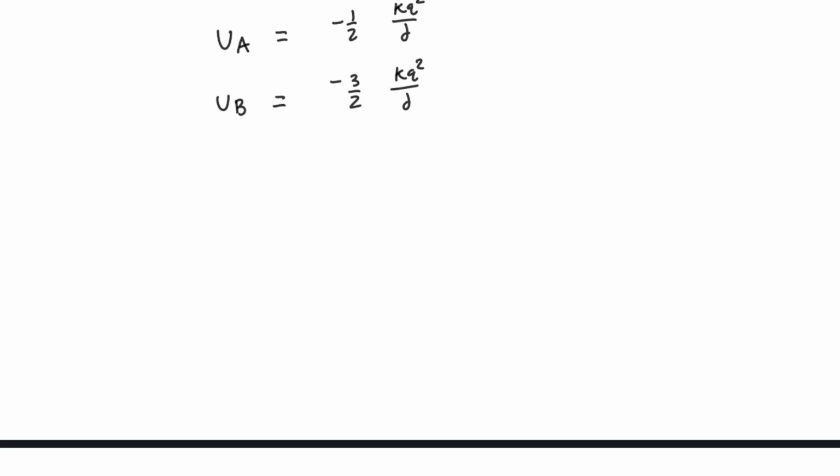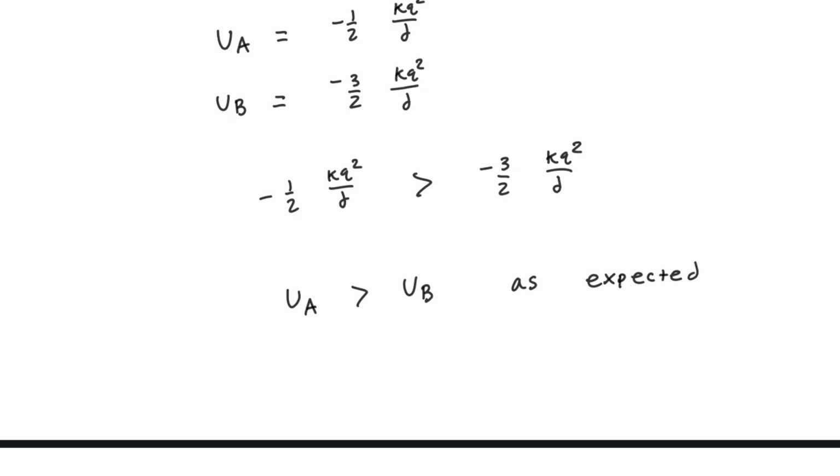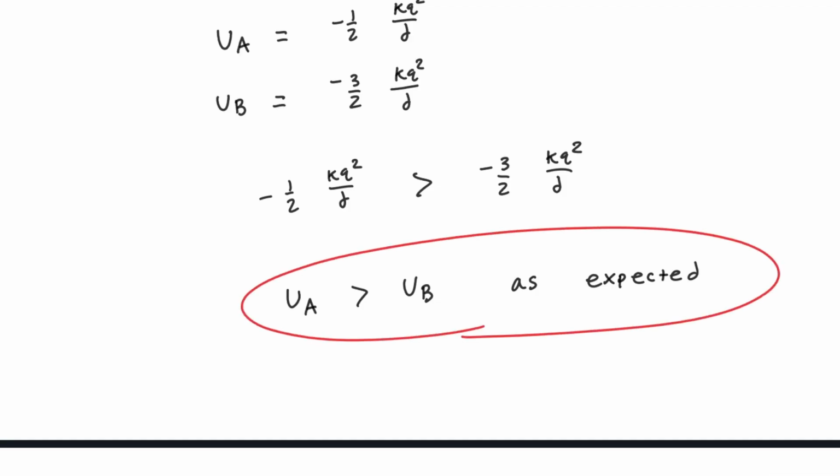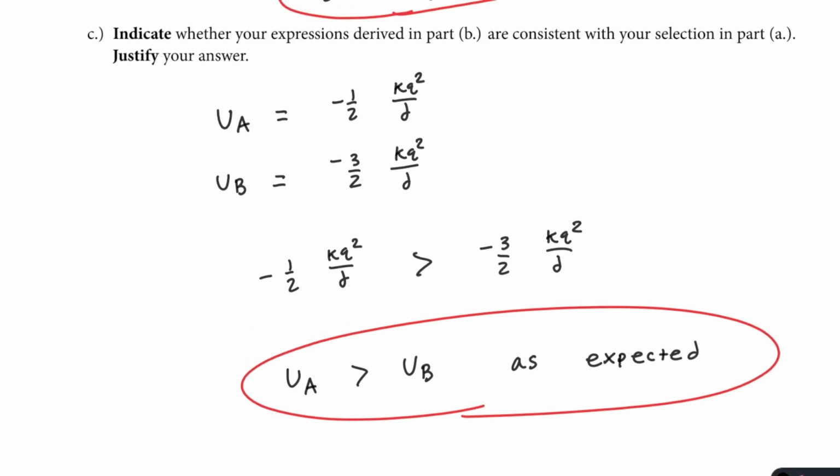So negative 1/2 kq squared over d is definitely larger than negative 3/2 kq squared over d. So you can see that UA is larger than UB, as expected. Oh, and I should be nice here, and I should say consistent. I should explicitly identify it's consistent.